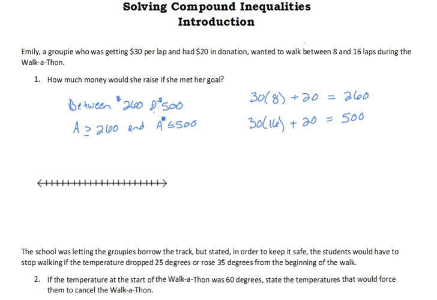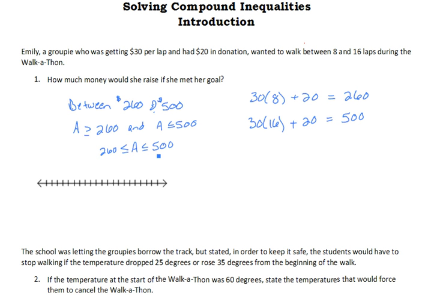But we can also, when we look at that word and, rewrite this since they are related. We're going to say that the amount is greater than $260 and less than or equal to $500. So this is saying the exact same thing as this up here, but again, we are connecting them because we understand it's between those two amounts.